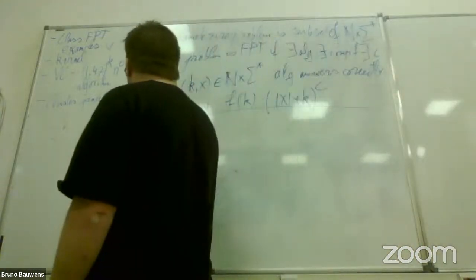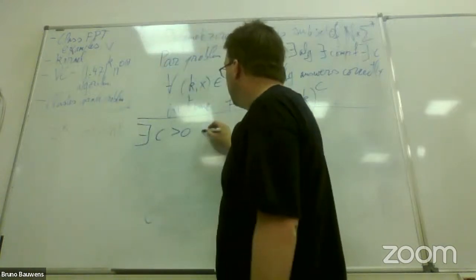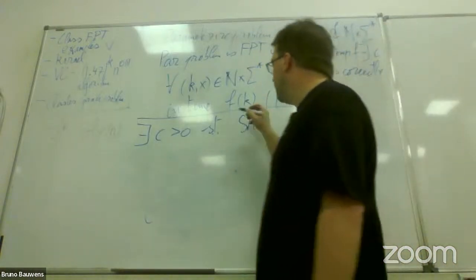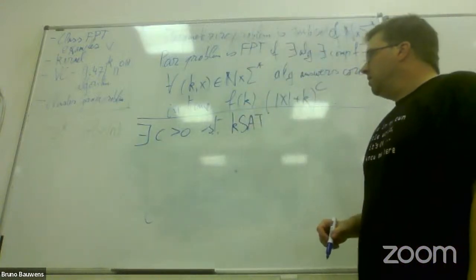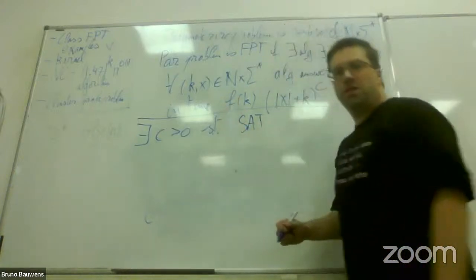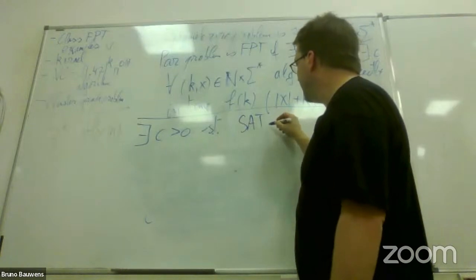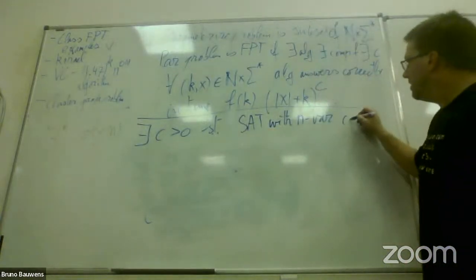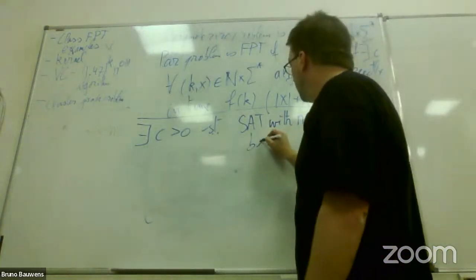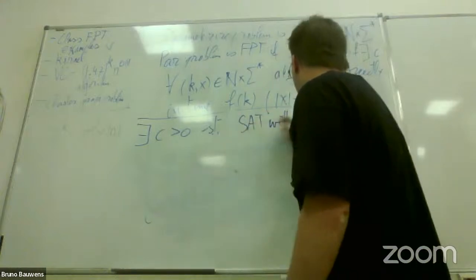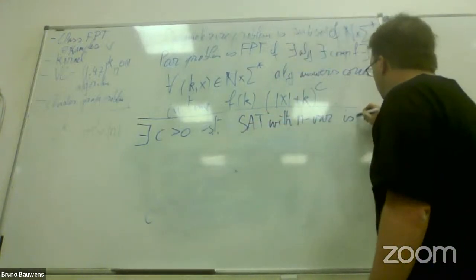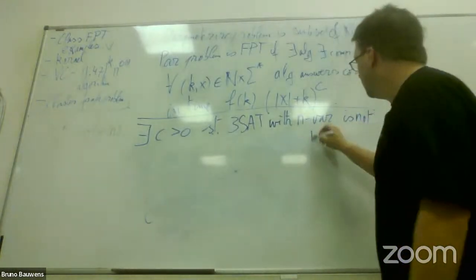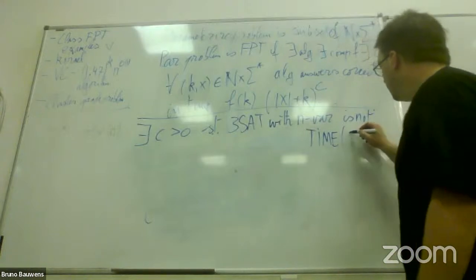The precise statement is that there exists some c bigger than 0 such that SAT with n variables, I forgot whether it's SAT or K-SAT, cannot be solved... it's 3-SAT with n variables, is not in... Wait, where is it? Oh no, I'm lying. Somebody should check Wikipedia.